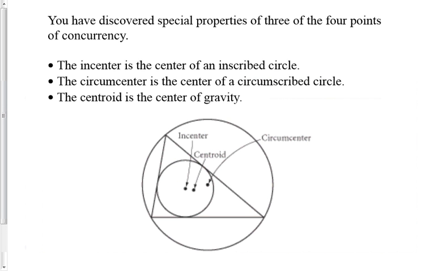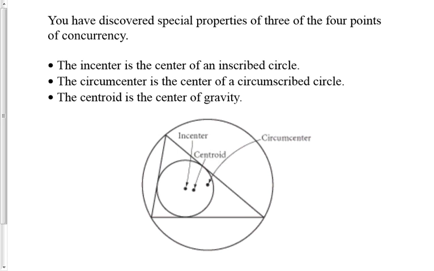So we have now discovered some special properties of 3 of the 4 points of concurrency. The incenter is the center of an inscribed circle. The circumcenter is the center of a circumscribed circle. And the centroid is the center of gravity.